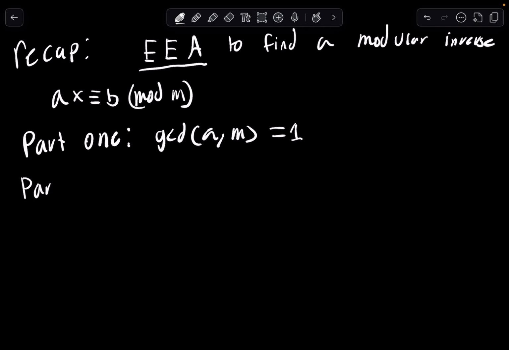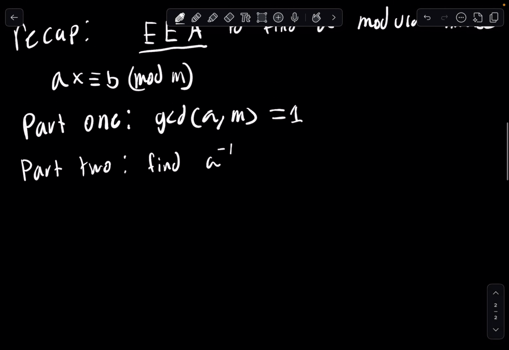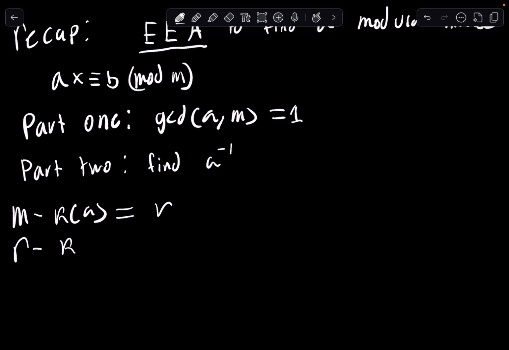And in part 2, which is where we do that back substitution, is where we actually find the modular inverse. So when you do these problems, take your time and recall you're doing m minus k times a equals some remainder. And keep doing this until you find the value 1. If you never find that, then there is no modular inverse.